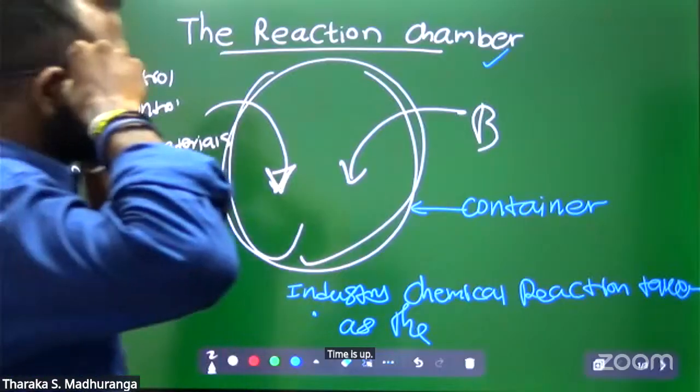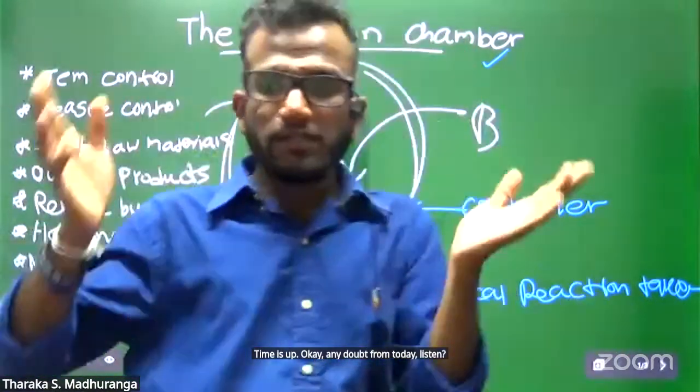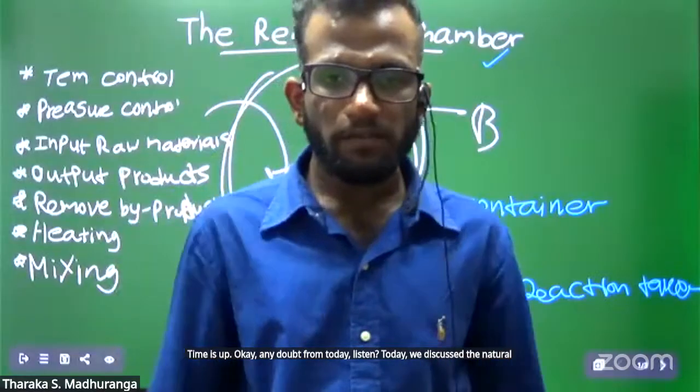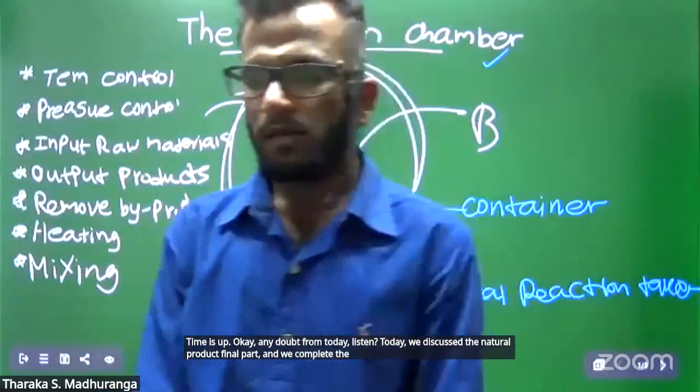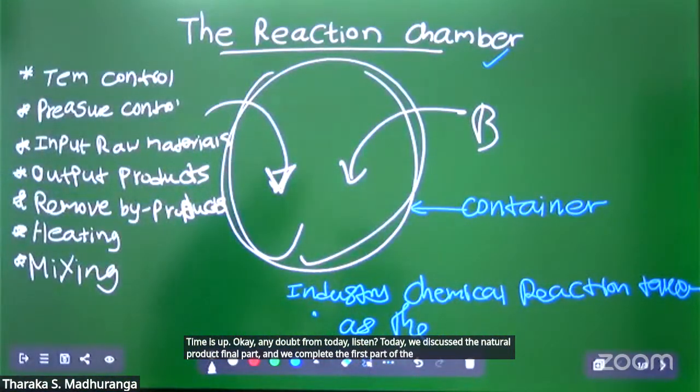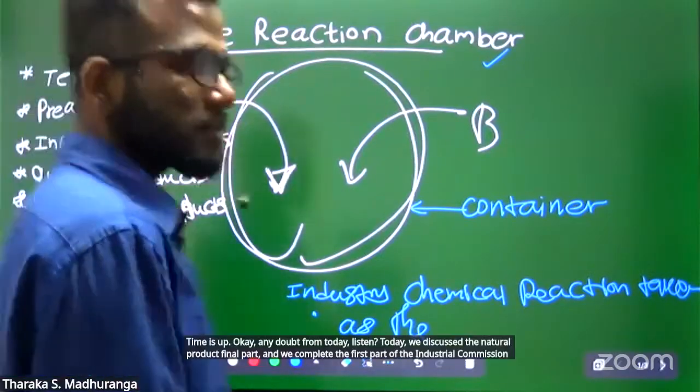Any doubt from today's lesson? Today we discussed the final part of natural products, and we completed the first part of the industrial chemistry lesson. The basic part is complete.